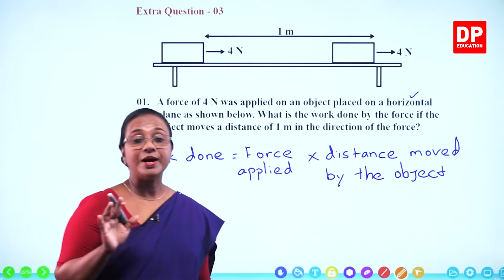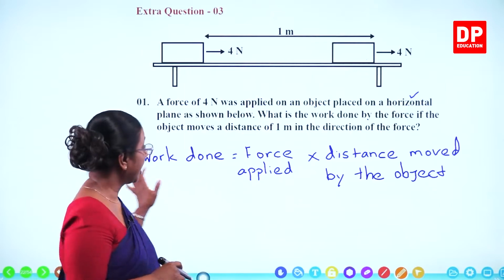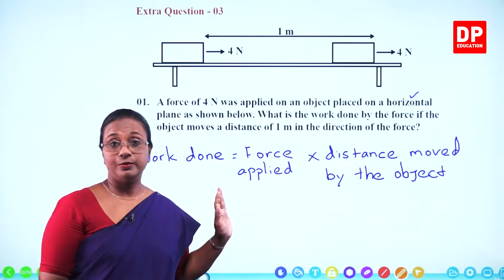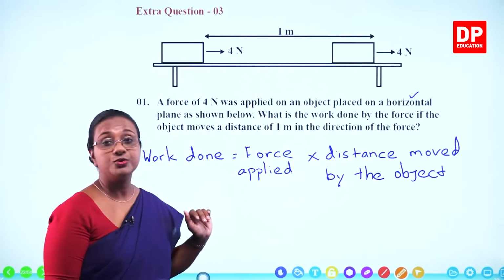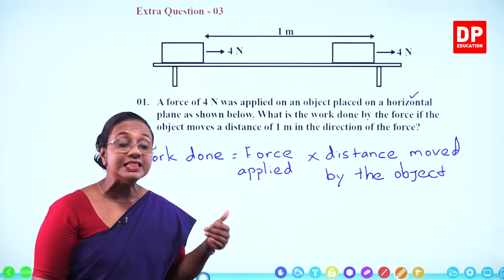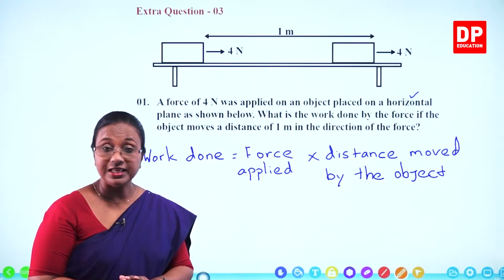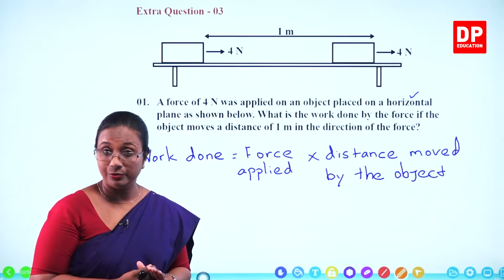Now students, you might be wondering, in the previous slide when I wrote the equation, I wrote the complete equation: magnitude of the force applied multiplied by the distance moved by the object in the direction of the force. So when they ask you to write the equation, you have to give the full equation.